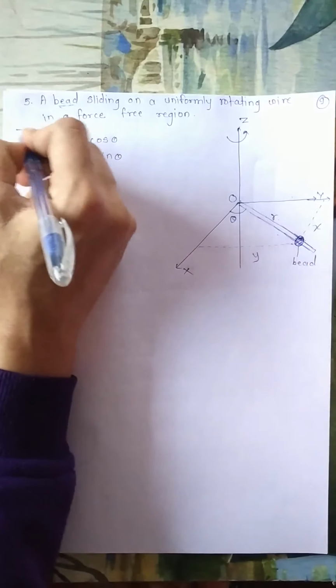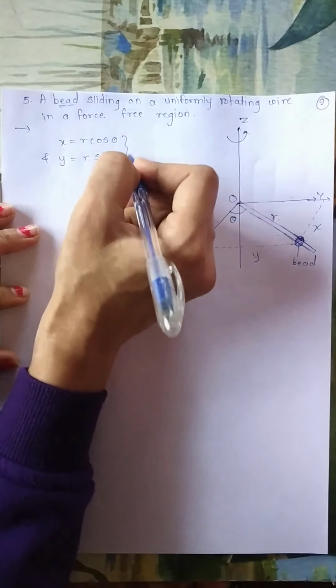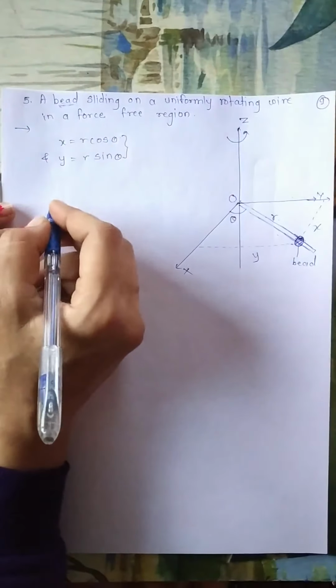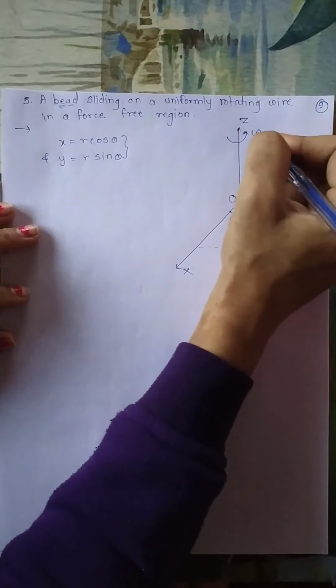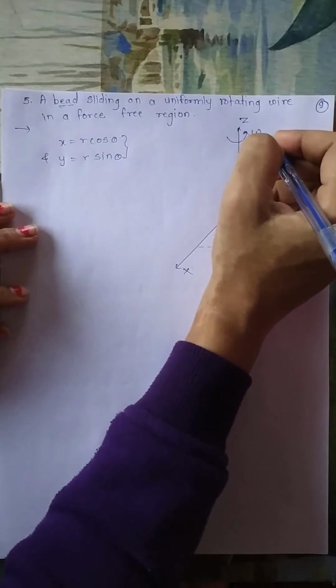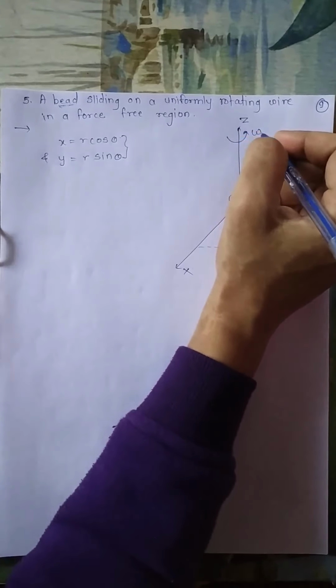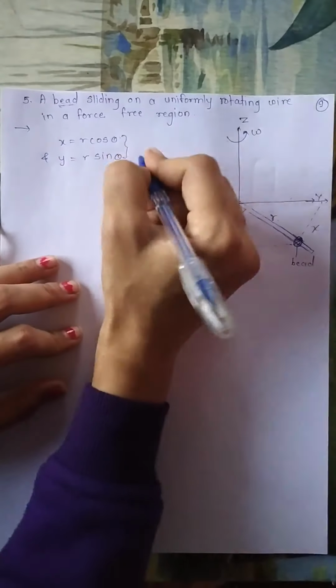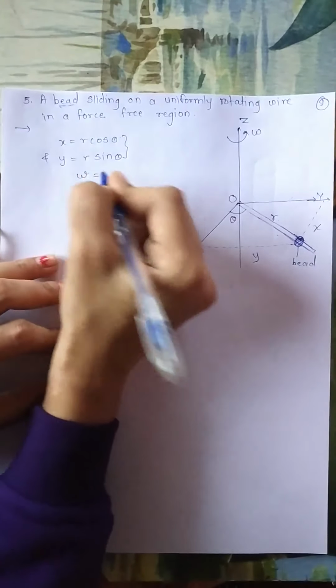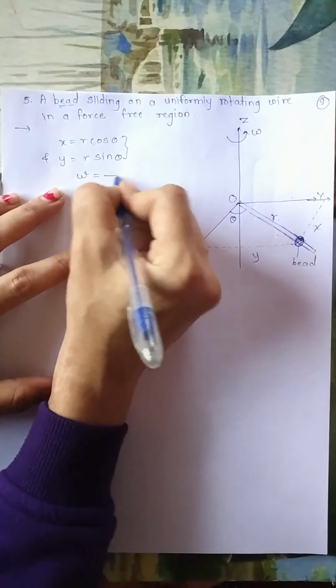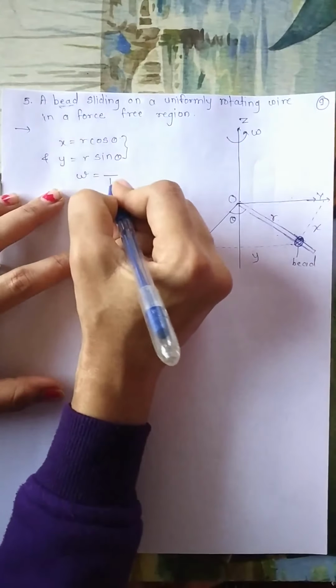Now it is expected that you should know how these terms come to be. Here, since the wire is rotating with angular velocity, let's say omega, the angle of rotation in time t is calculated as follows. If omega is the angular velocity, velocity is distance upon time. Let's say time is given by small t.